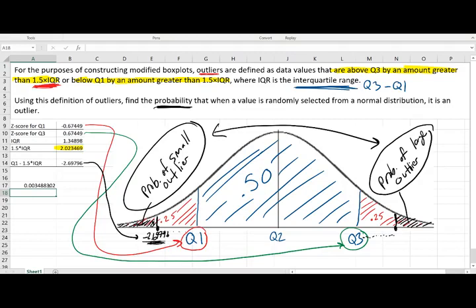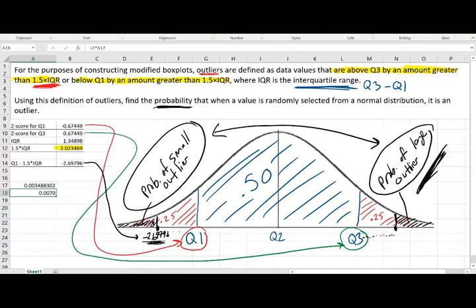This is the probability of having an outlier on the low end, but we also have outliers on the high end, so we have to double this. So we could equal 2 times this number. Yeah. All right, looks good. And I think in this problem, if I recall, the directions said round your answer to 4 decimal places.